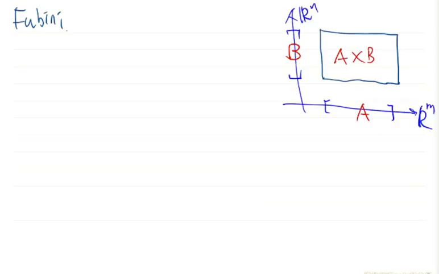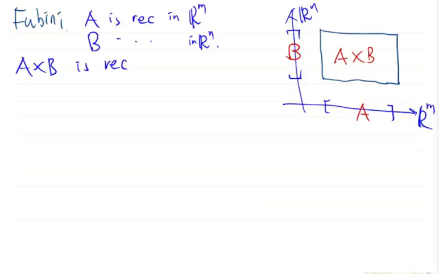So A is a rectangle in Rm, B is a rectangle in Rn, then the Cartesian product is a rectangle in R^(m+n), a higher dimensional space. Suppose we have a function f defined on A cross B, real valued, a bounded function.